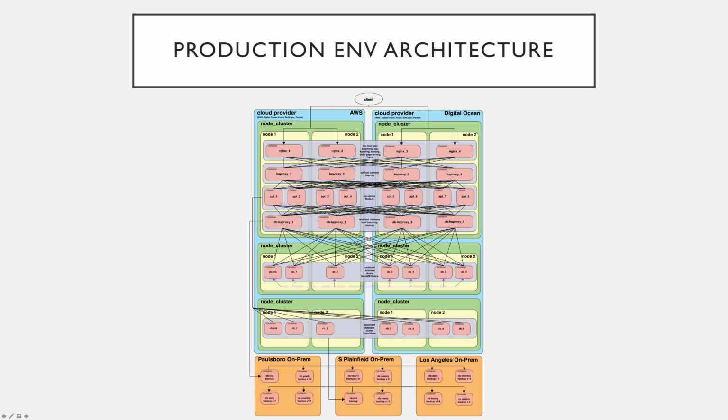Something that you'll notice at the bottom that's different than the testing environment are these on-premise servers. These are Synology servers running in each of these different cities and branch offices, and they are just there to serve as the backups for the databases. Since, like I said, the databases could die and lose their data, we needed some way to store them permanently.